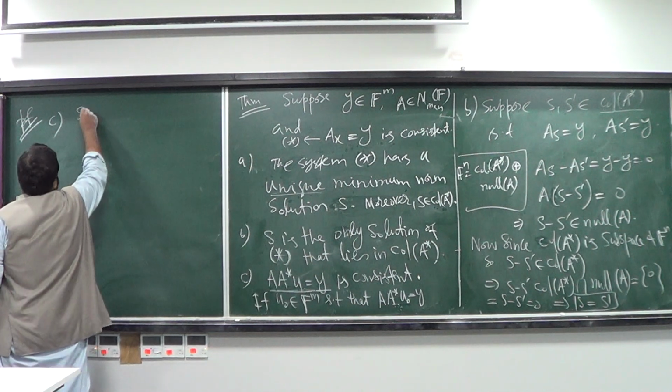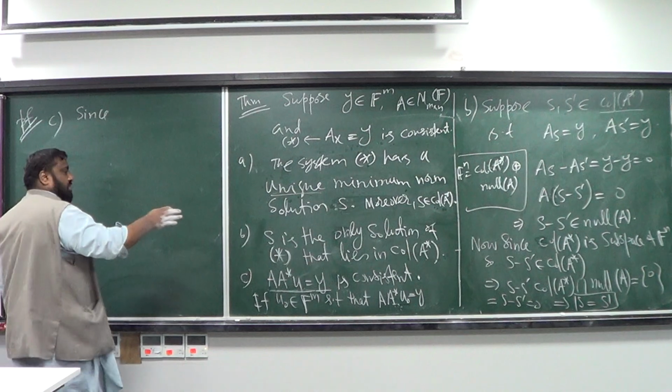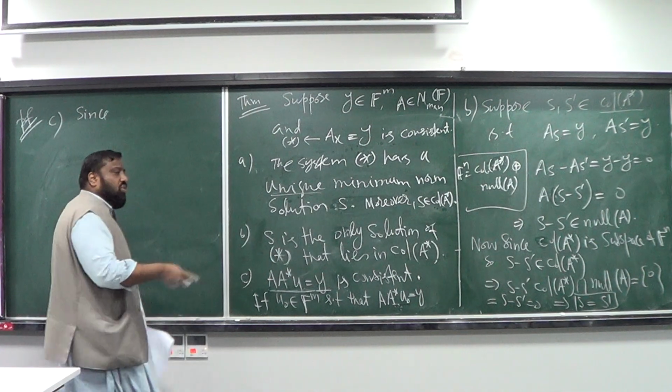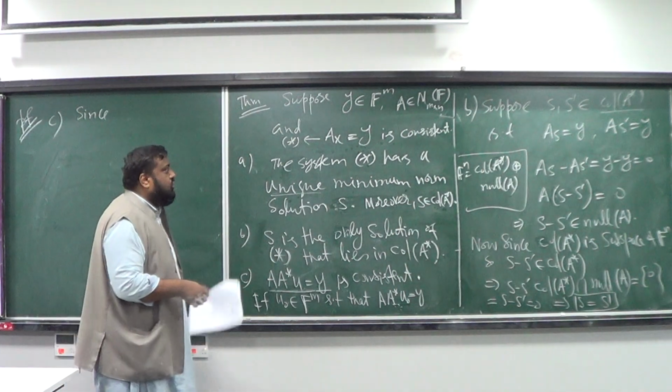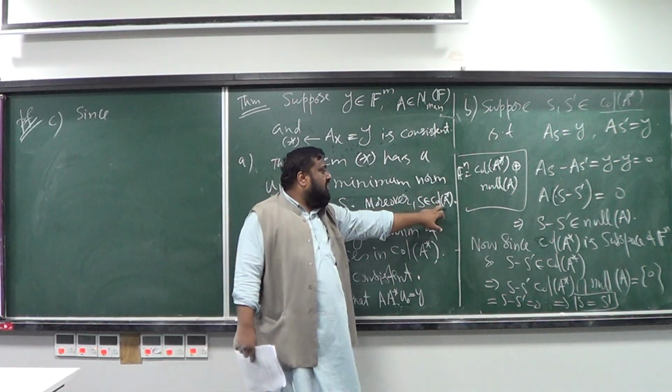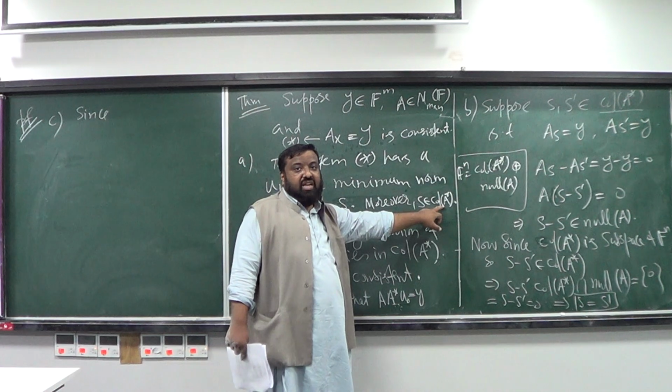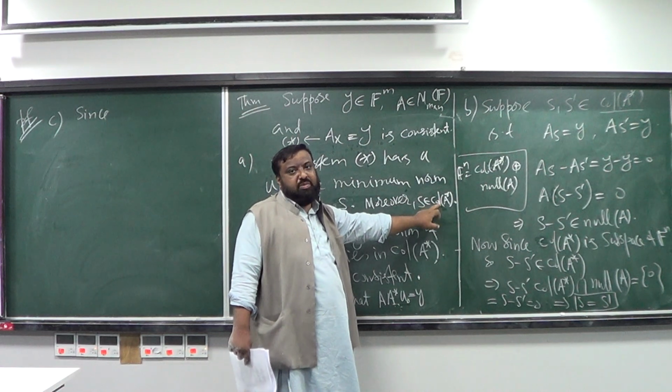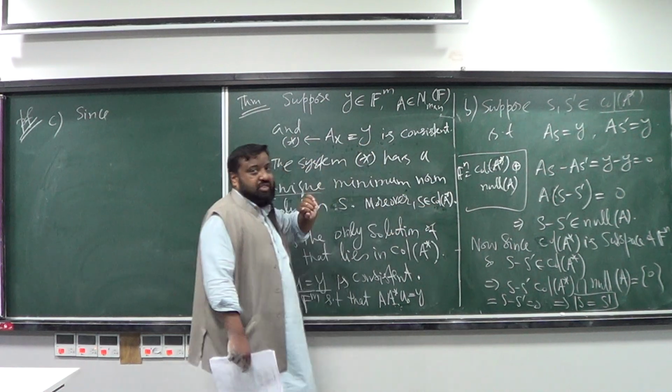So by parts A and B, we know that there is a unique solution of this system that lives in the column space of A star, and there is no other solution in the column space of A star that solves this.